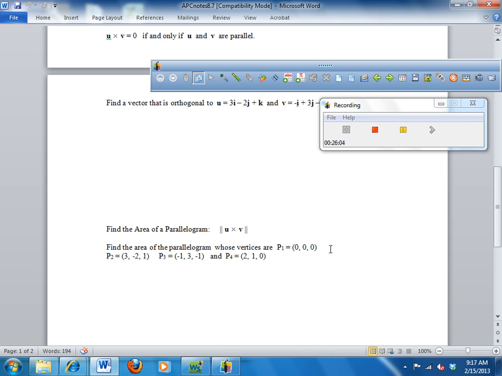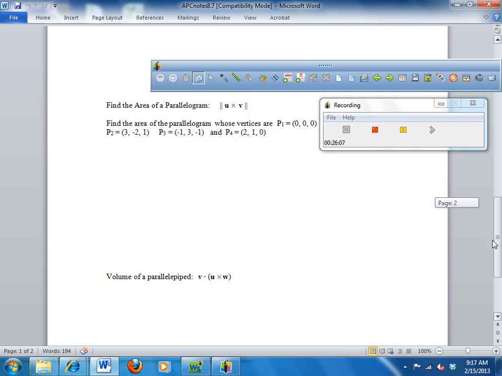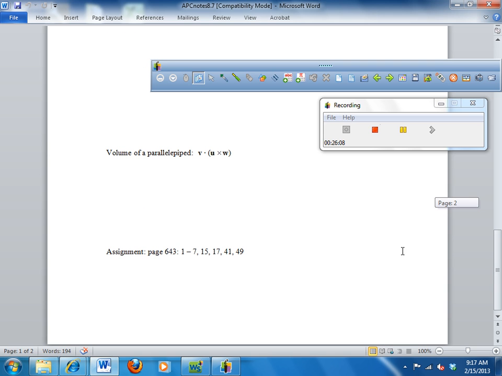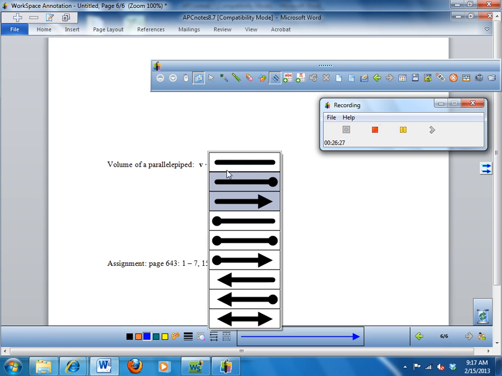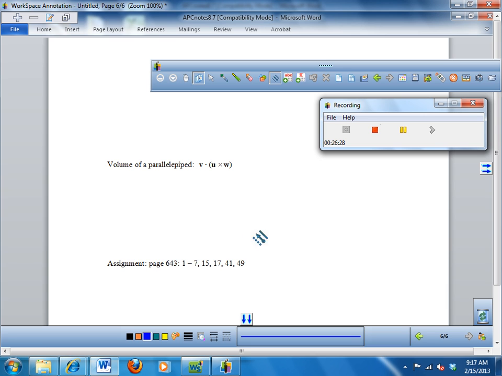There we go. Okay. So the volume of a parallelepiped, and what a parallelepiped is, I don't even think I have a homework problem on this, but let me see if I can draw one. A parallelepiped is a three-dimensional parallelogram, right?